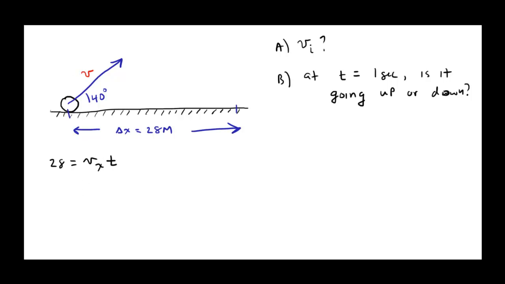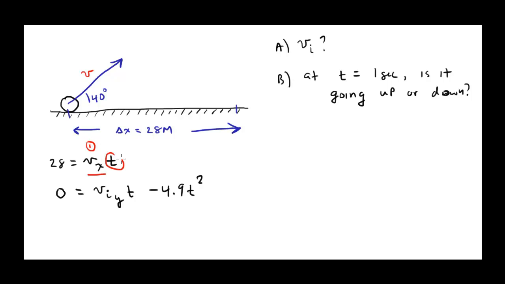And then you say, all right, well, what does the delta y look like? Well, delta y is 0. 0 is the initial y velocity times t minus 4.9 t squared. And here you say, uh-oh, I don't know V initial y and t, and I've got three unknowns. This is an unknown, right? We call that unknown 1.